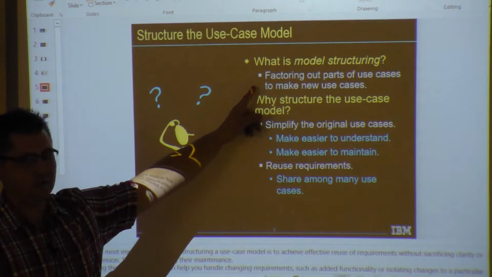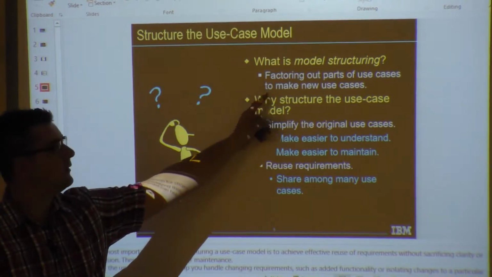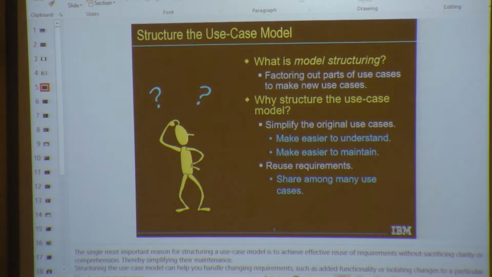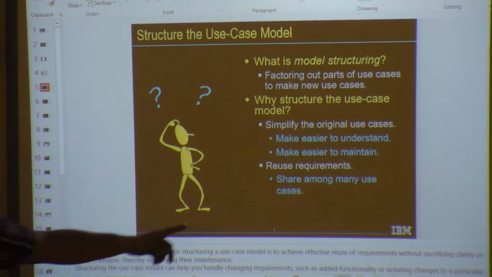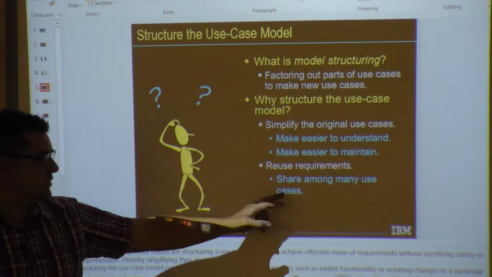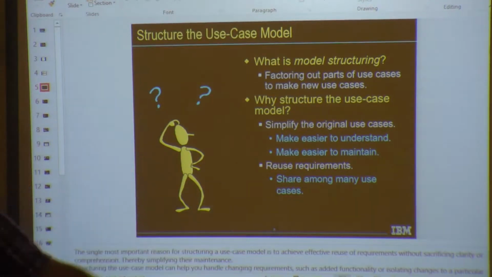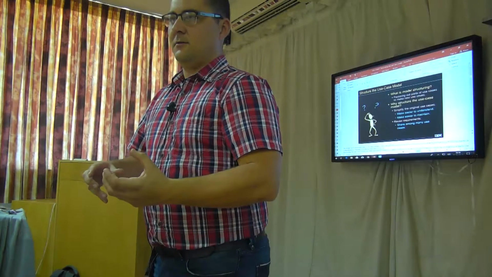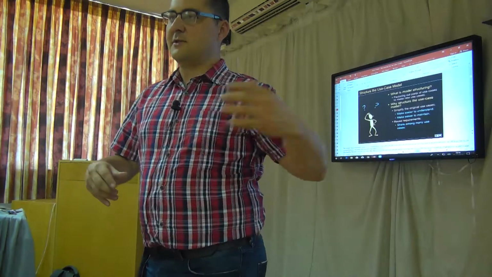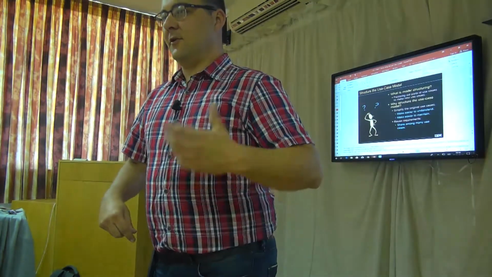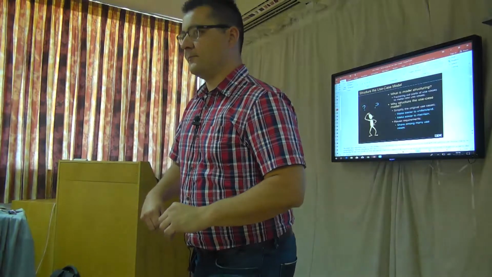It's going to take us back to this: factoring out parts of use cases to create new use cases. Why would you do that? To make it easier to understand, to maintain, but also to share among many other use cases. If you start to write the use case specifications, this is almost like a second or third version of the use case diagram.